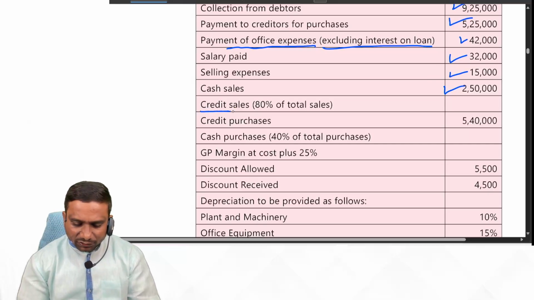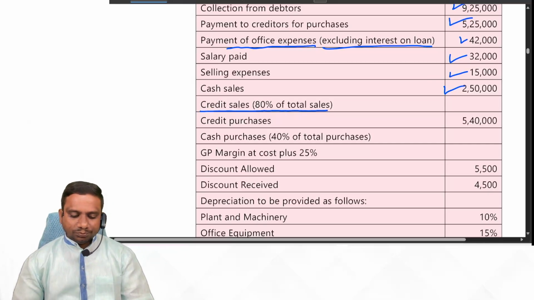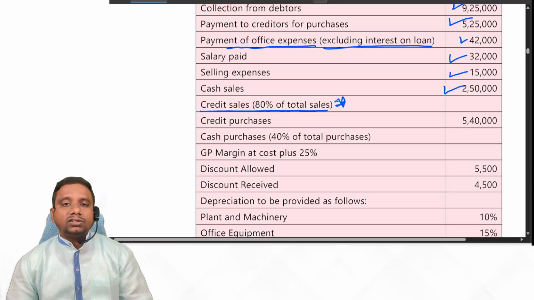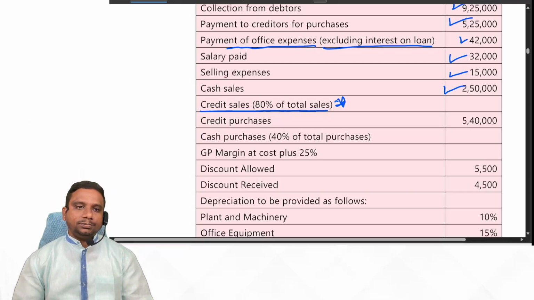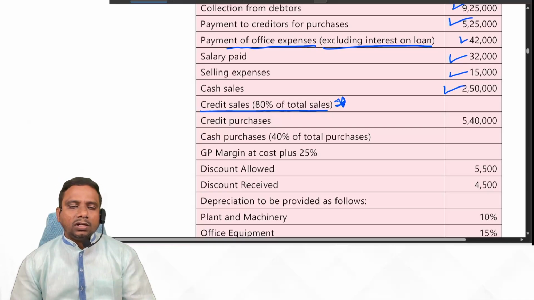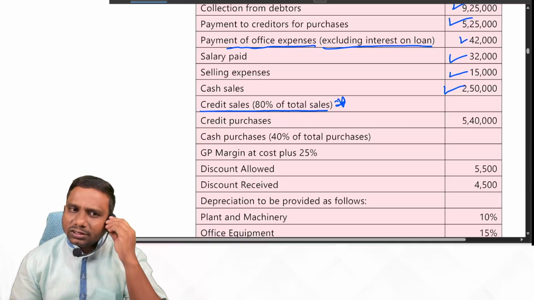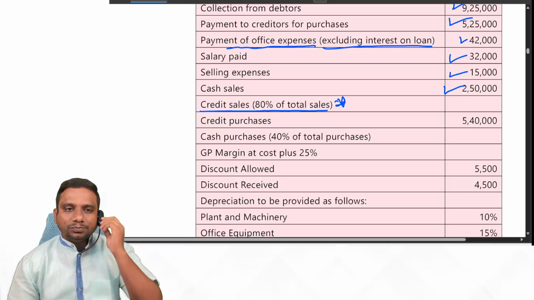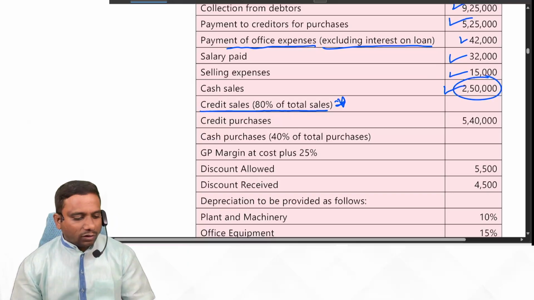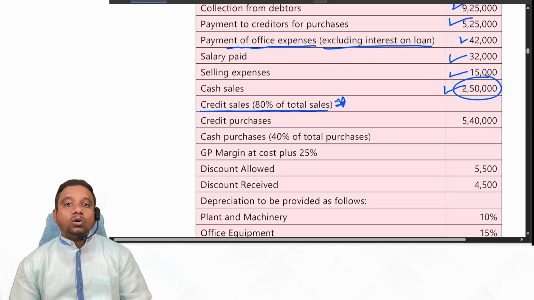Next, credit sales, 80% of total sales. This is very important. Credit sales are 80% of total sales. So what about the remaining 20%? Remaining 20% are cash sales. So here cash sales are given 2,50,000 divided by 20%.